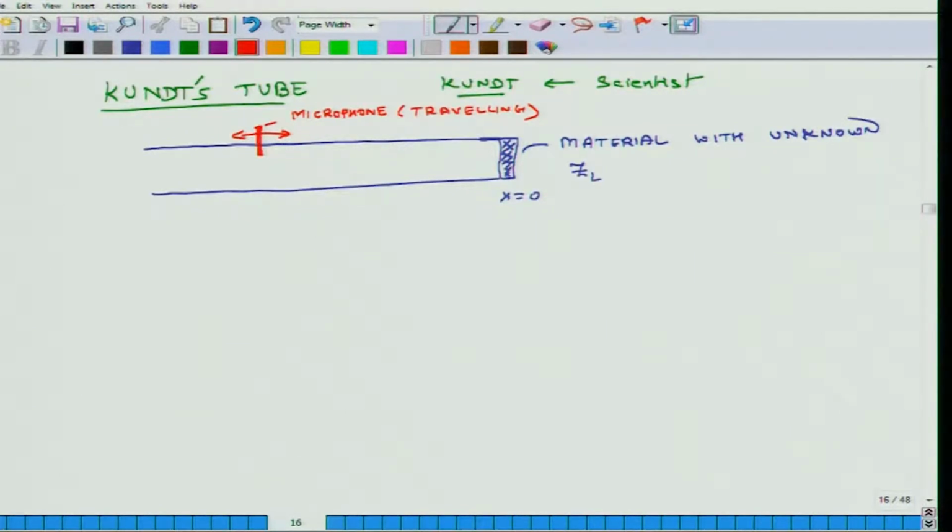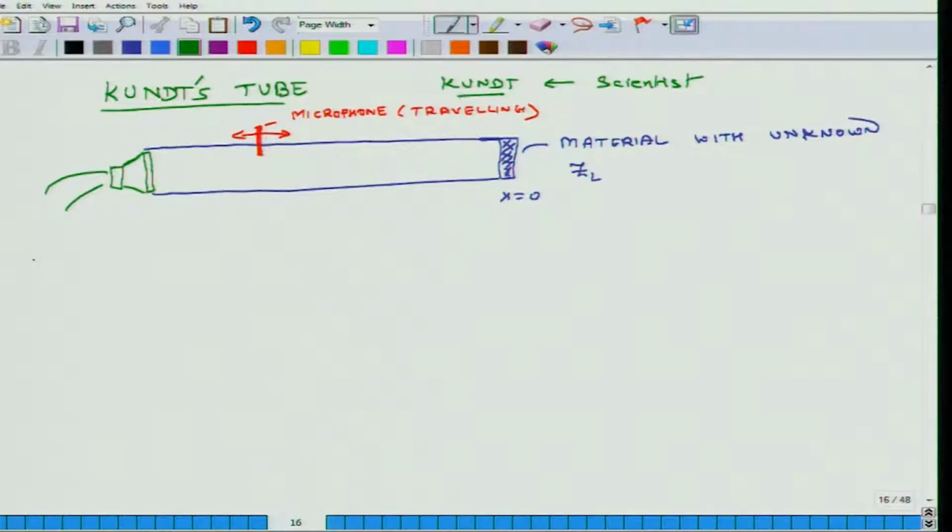So this is a microphone, the third element. First element is the tube, second element is the unknown material, third element is the microphone, and the fourth element is a sound source. You can have a speaker placed at this end of the tube, and you can excite this speaker using some source.